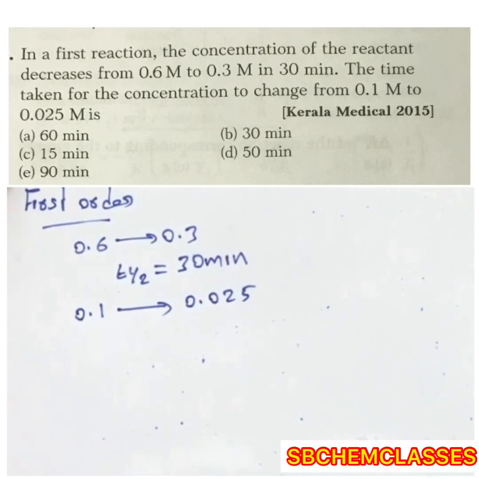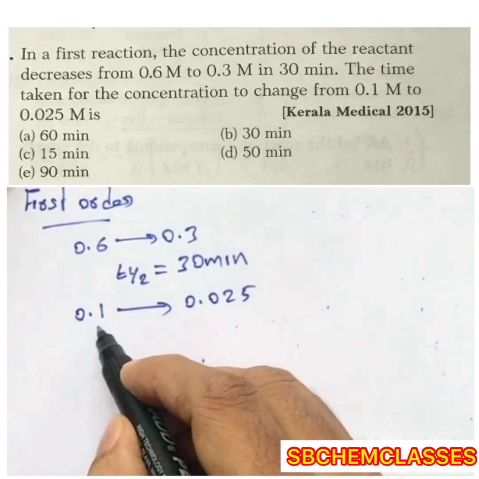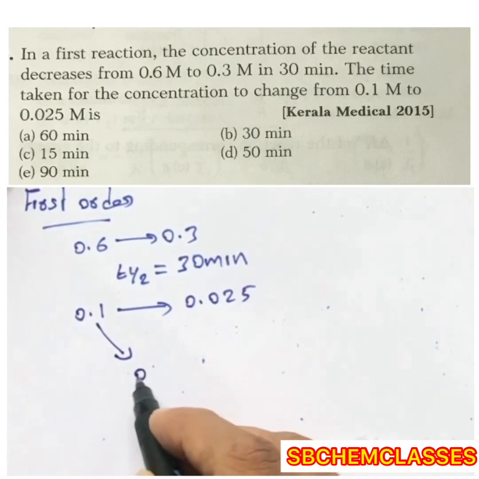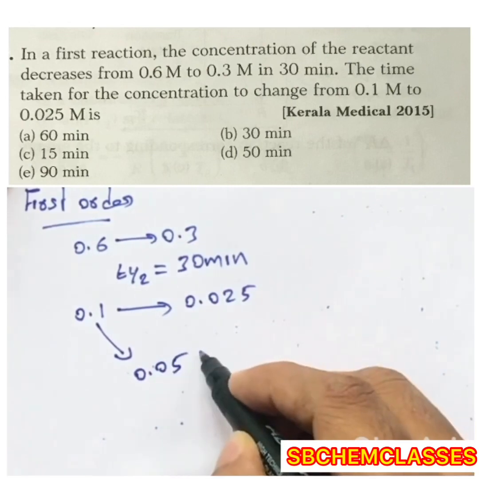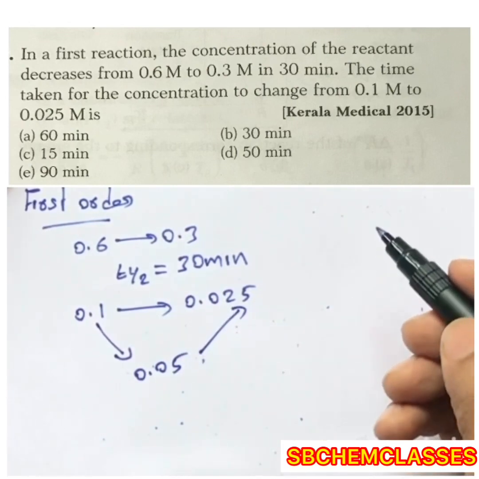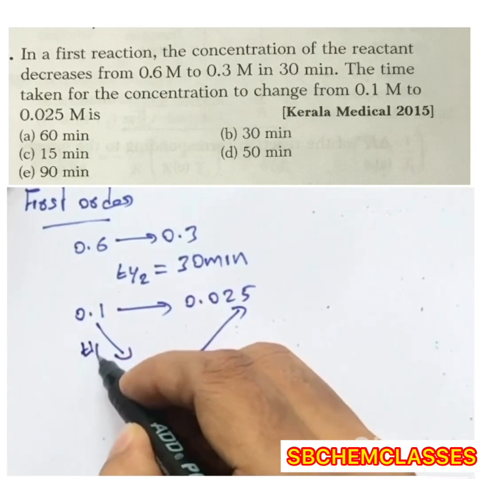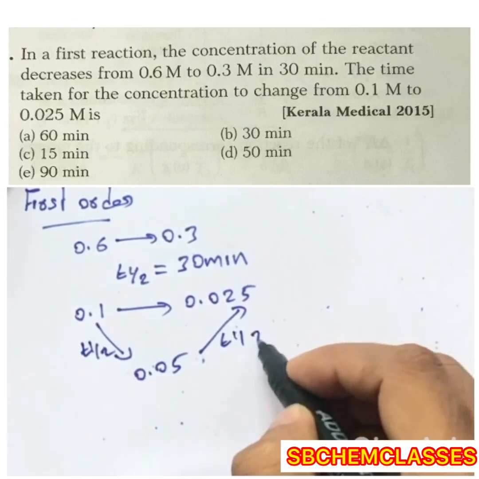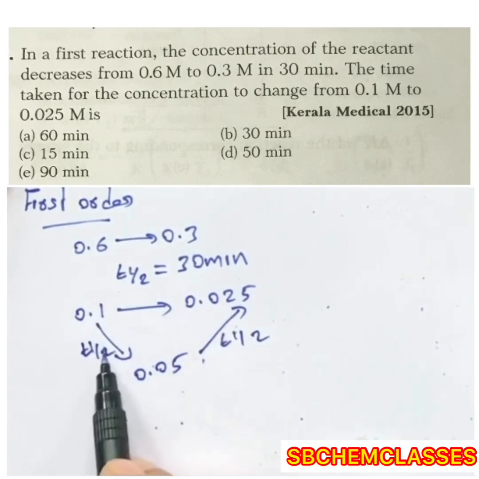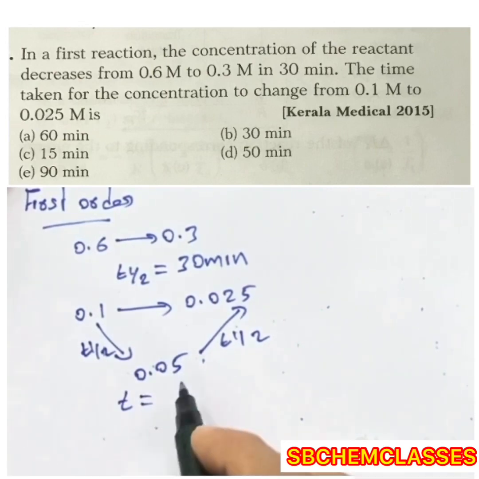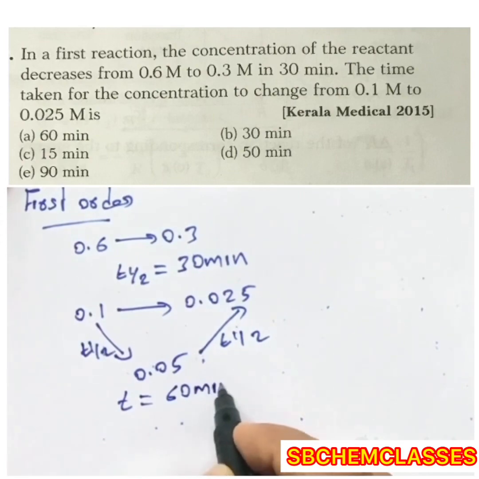We can simply represent that 0.1 is converted to 0.05, and that is converted to 0.025. This is T half, this is T half. So we want to calculate 2 T half. So the time required for this change is 60 minutes.